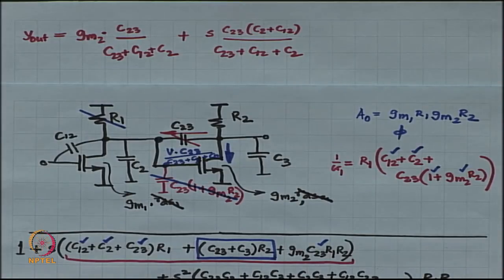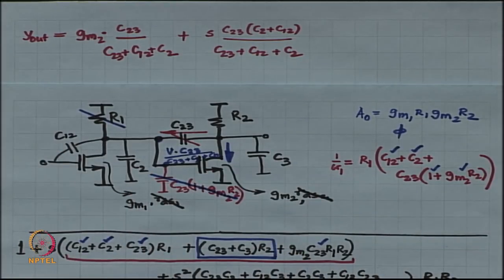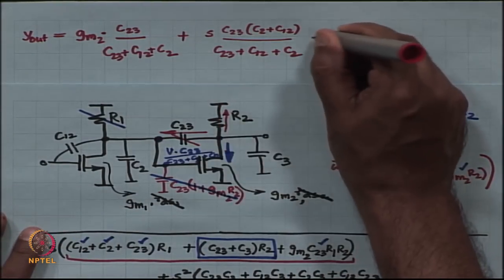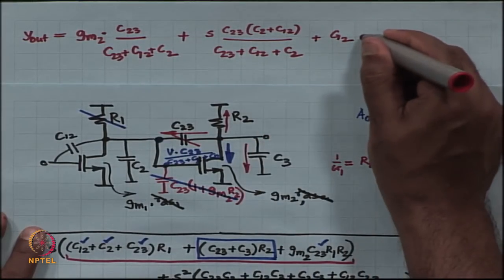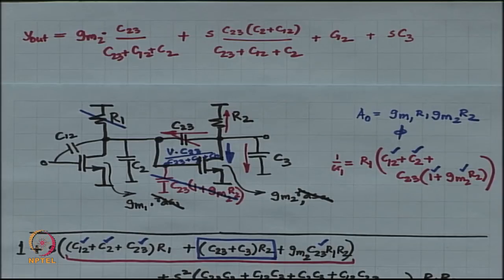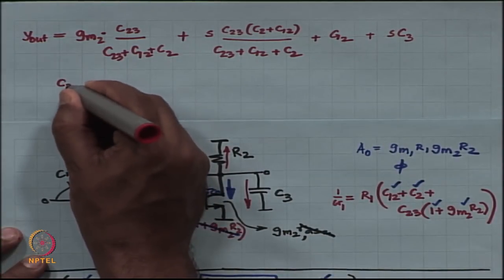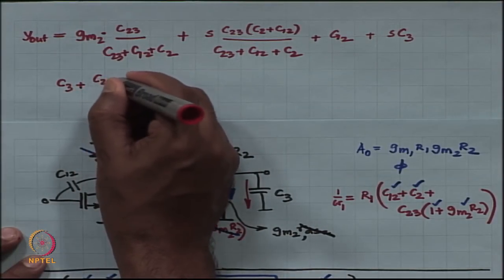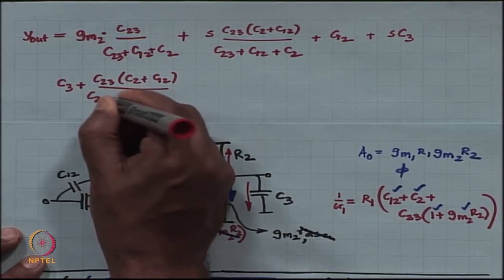Okay, series combination of C 23 and C 2 plus C 12. Then there is current through R 2 and there is current through C 3. Or in other words, I have got a capacitor of value C 3 plus C 23 into C 2 plus C 12 by C 23 plus C 12 plus C 2.